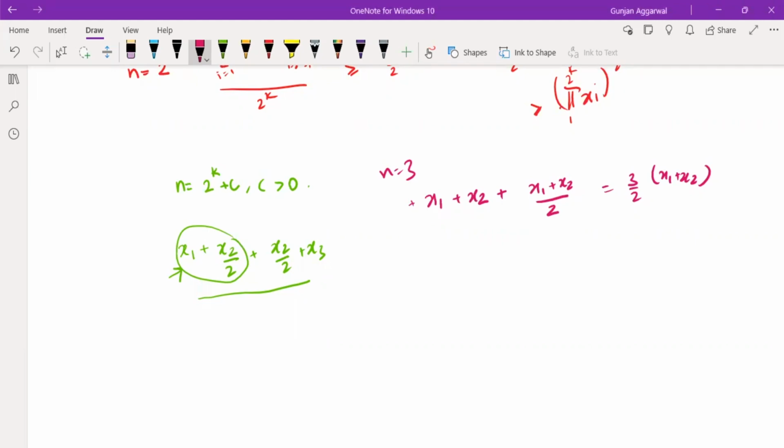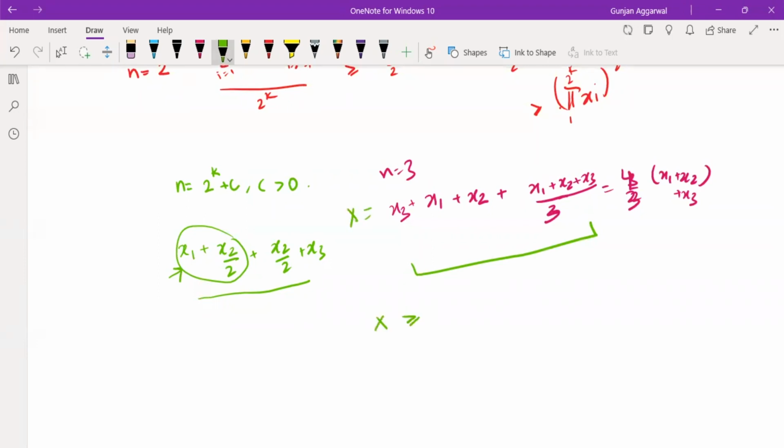I meant this. We know AM-GM for n equals 4, so let this be x.